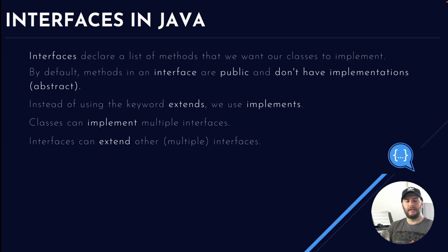And interfaces can also inherit from other interfaces, so you could have a hierarchy of interfaces. In the case of interface inheritance, we do use the word extends. For example, List is an interface that extends from the Collection interface.